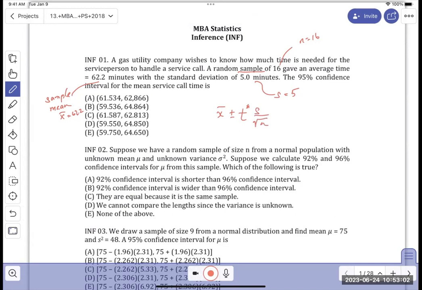X bar we have, S we have, and T star for 95%. How am I going to find it? What am I missing? Degrees of freedom is from here, degrees of freedom is 15. So find that value for me and I will leave the rest to you.